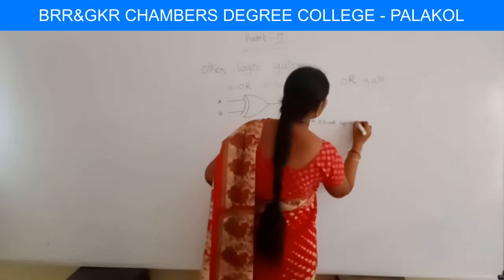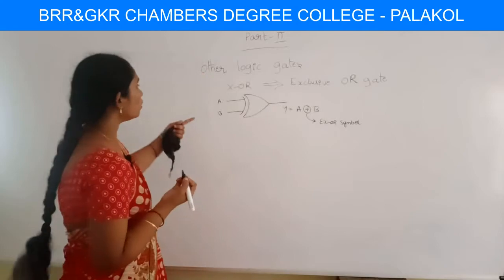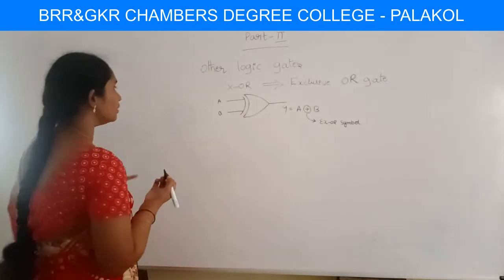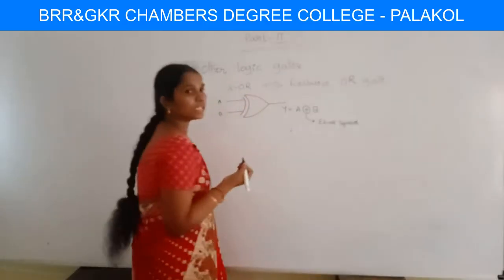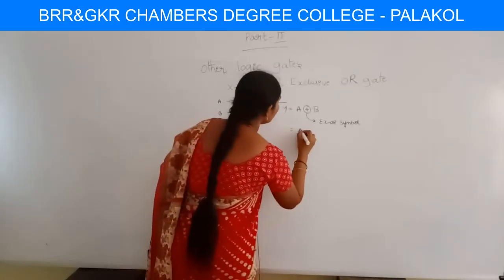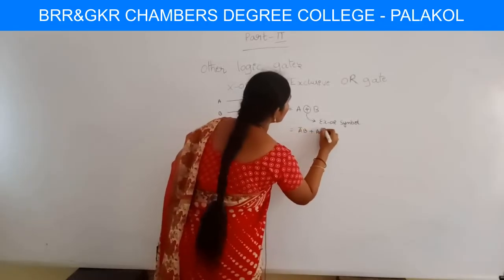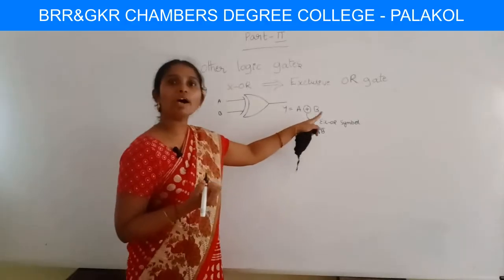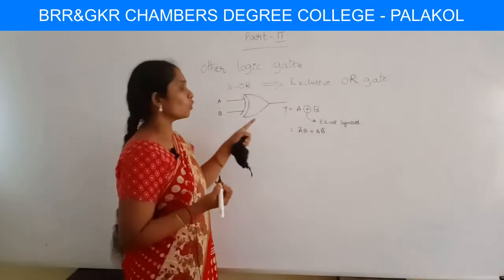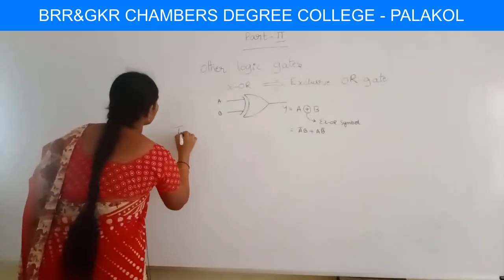Now we will see the truth table for this XOR. So actually the XOR is nothing but A bar B plus A B bar. So this is the equation for A XOR B. Okay, so now we will derive the truth table.